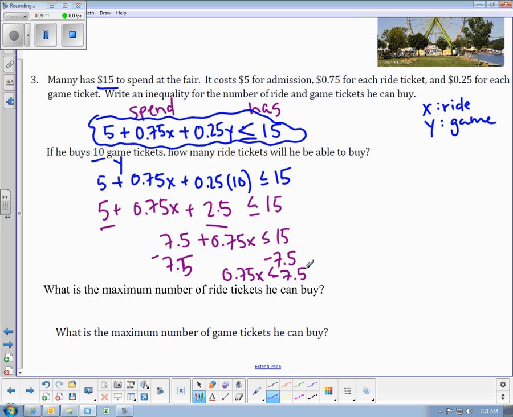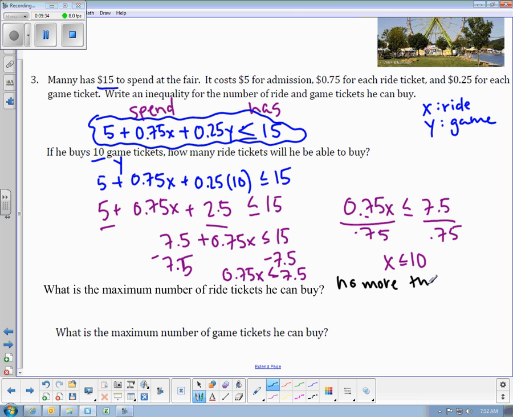And then we can take our calculators and divide that. 0.75x is less than or equal to 7.5. Divide by 0.75. And all we did really there is move our decimal point, so x is less than or equal to 10. So what that's saying is that he can ride no more than 10 rides. There you go. There you have it.